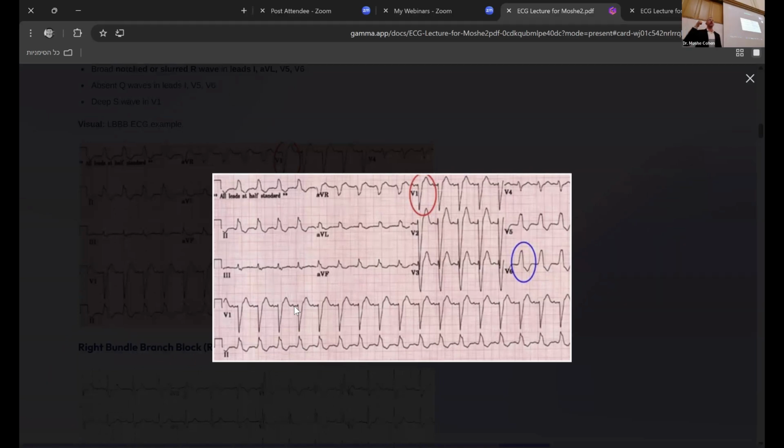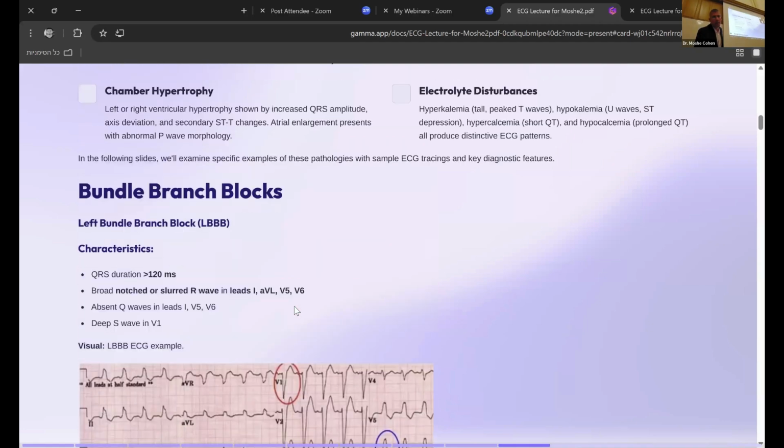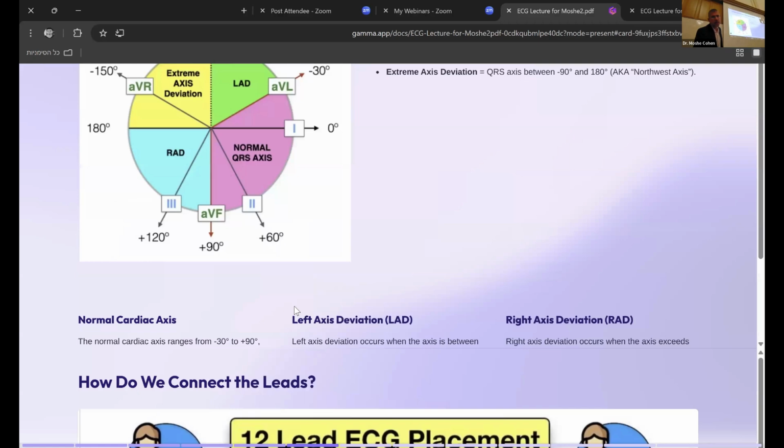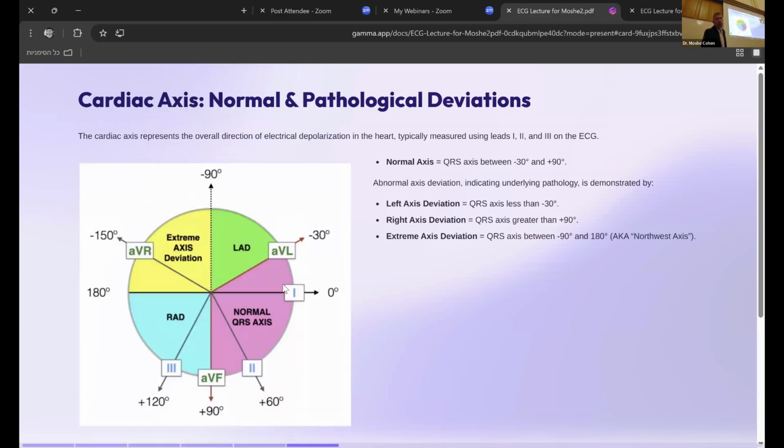Again, positive first, let me show you. A normal axis would be, you see, this is lead 1, this is AVF. As long as 1 is positive, and AVF is positive, you are sure to have a normal QRS axis.